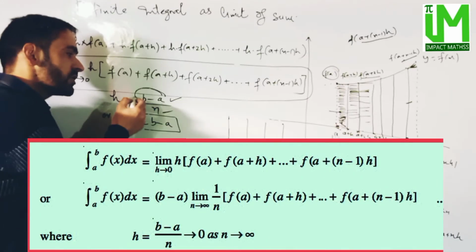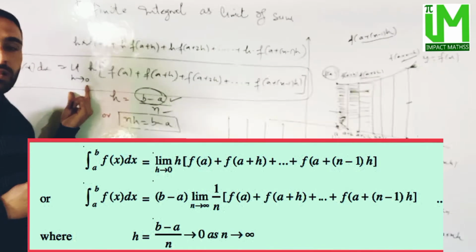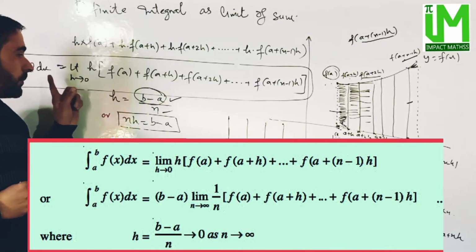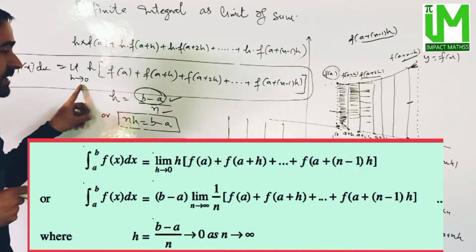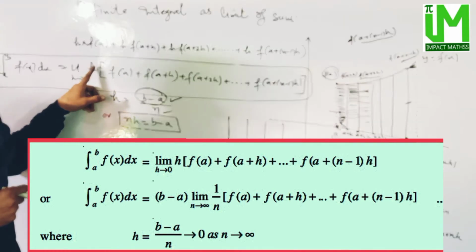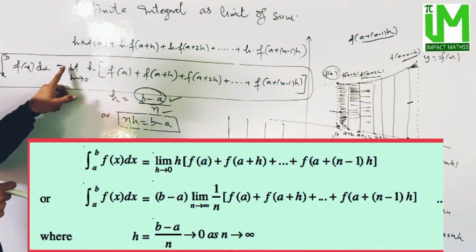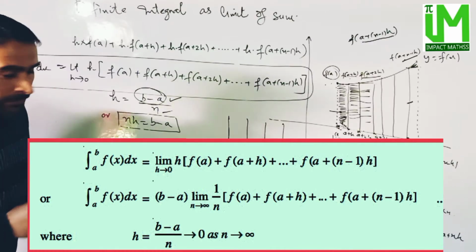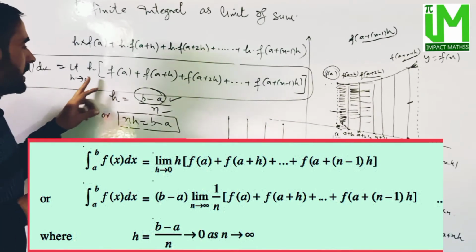Obviously b minus a is constant, a fixed number, so it does not affect the limit. We then write b minus a into the limit of 1 divided by n. Now understand this definition: the integral from a to b of f of x dx is equal to the limit as h tends to 0.